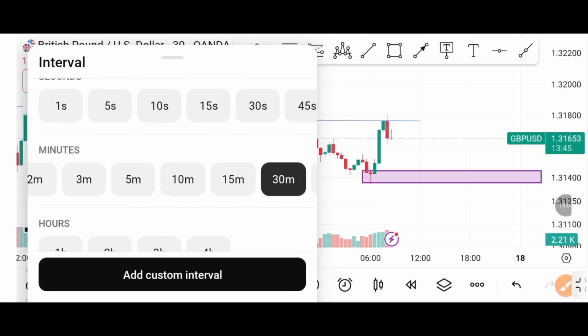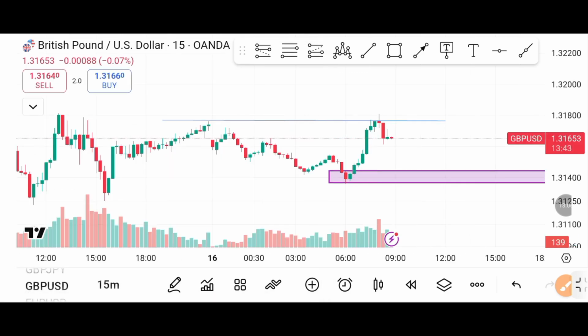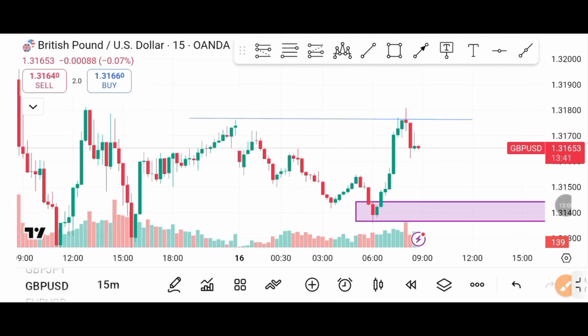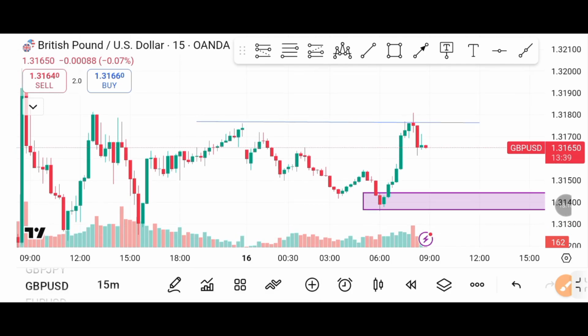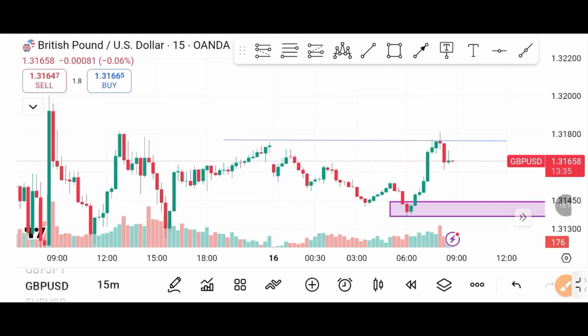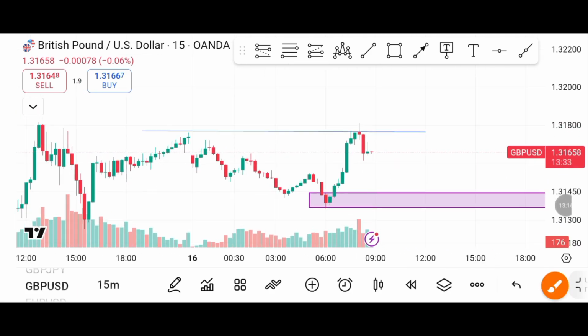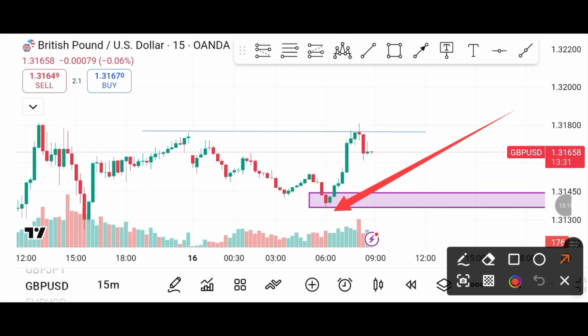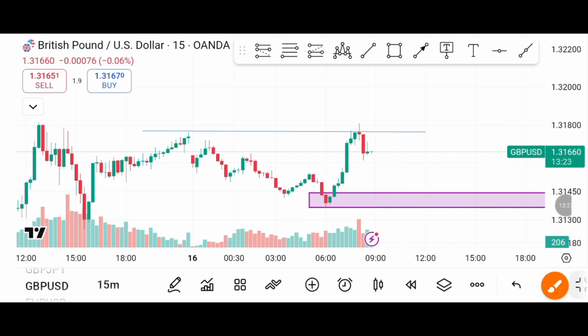I think we're gonna have a possible entry on GBPUSD. Now it becomes clearer, very clear. So this is what we should be expecting. We should be expecting price to tap into this order block, and we'll have a massive push to the upside to at least this point of reversal.